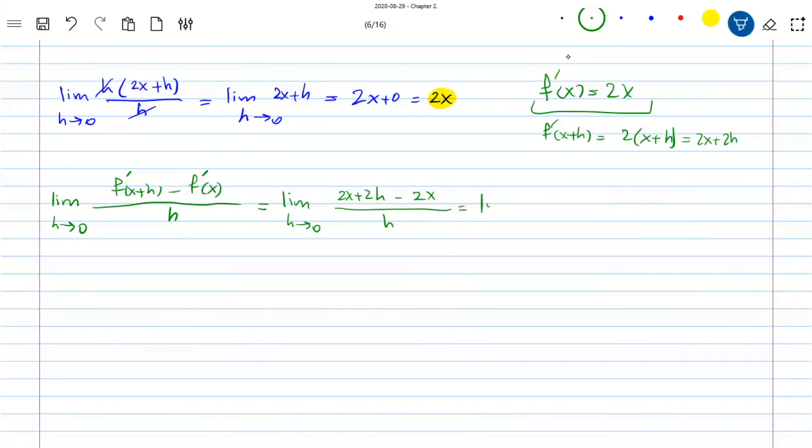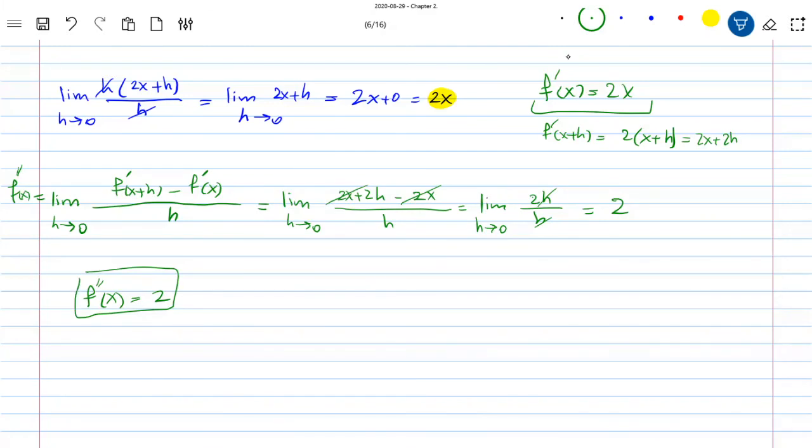This is a simple case of the limit of 2h divided by h, because these two can cancel out. And as h approaches 0, the limit of a constant is that constant. So what we found at the end is the second derivative, simply 2.